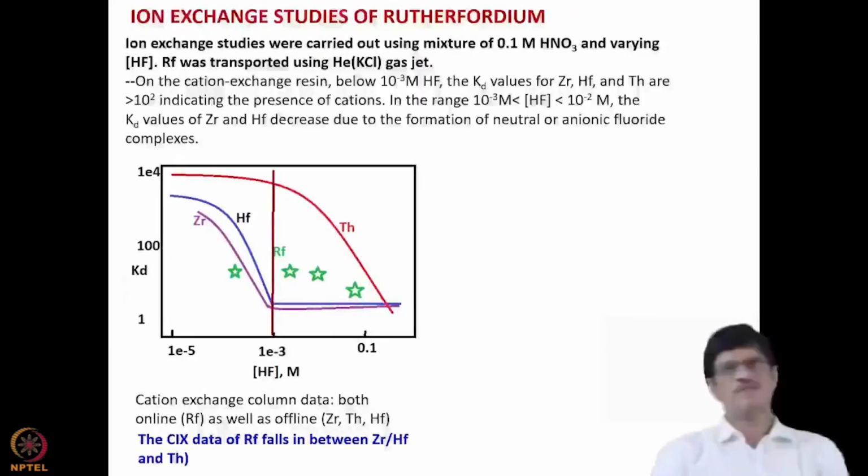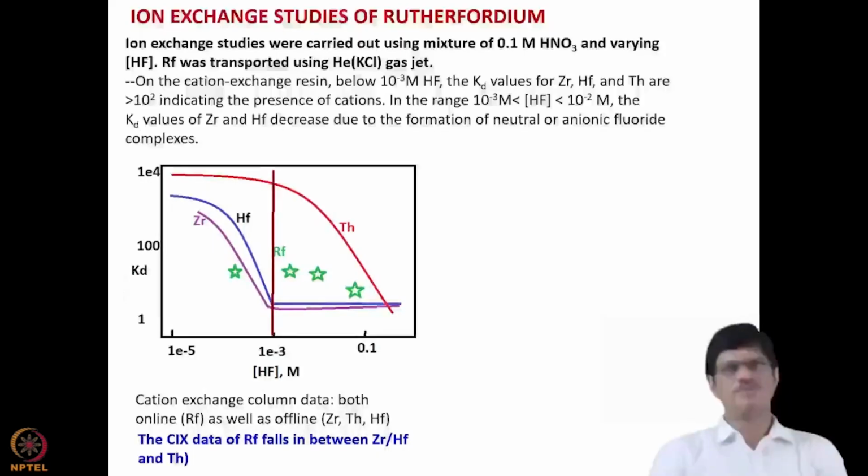Also ion exchange studies have been carried out for rutherfordium, where the study has been carried out with varying concentration of hydrofluoric acid, that is HF, and also 0.1 molar nitric acid has been taken in these experiments, that is a mixture of nitric acid and hydrofluoric acid, and the rutherfordium was transported using the potassium chloride helium gas jet transport system.